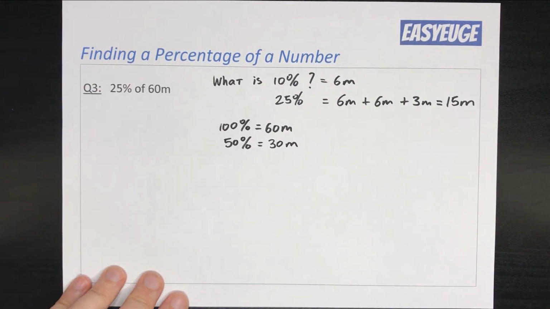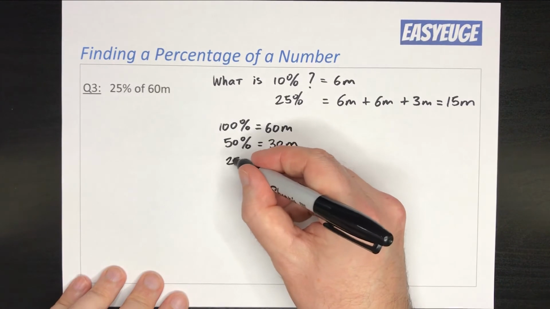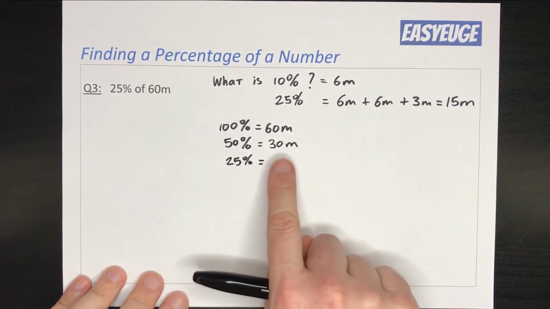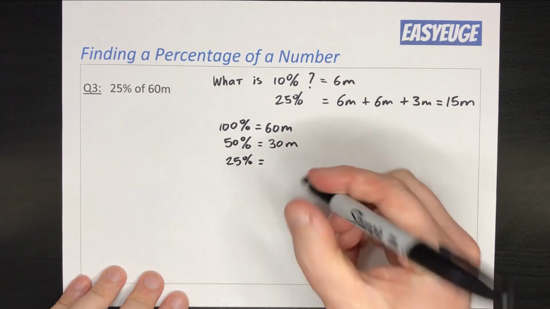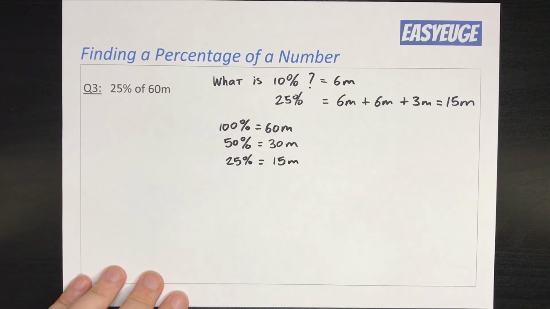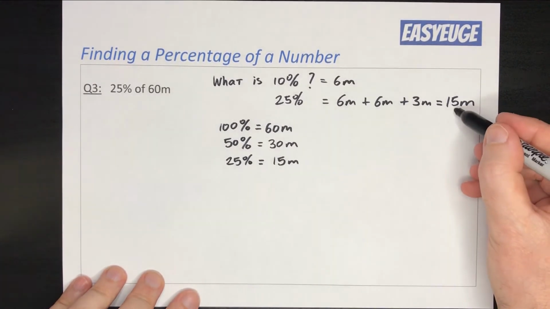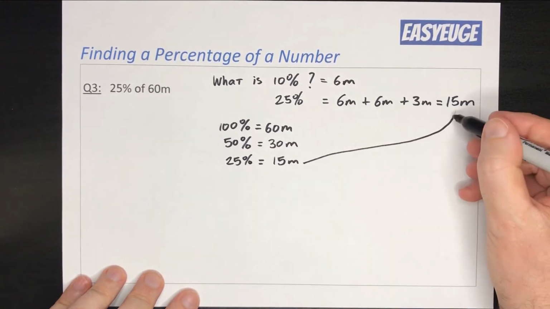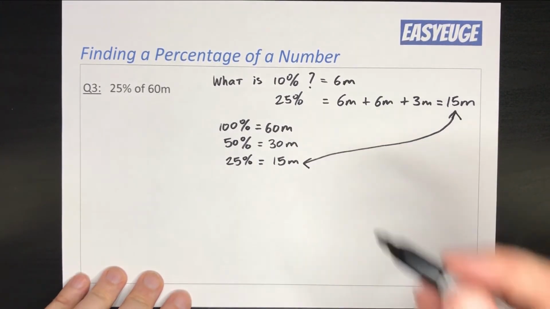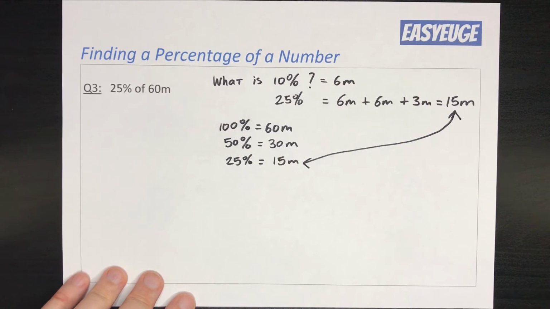So what would 25% be? Well, wouldn't that be half of the 50% again? So what's half of 30 meters? It's 15. We have just worked it out again as 15. This method gave us 15, and this method gave us 15. So both answers are the same.